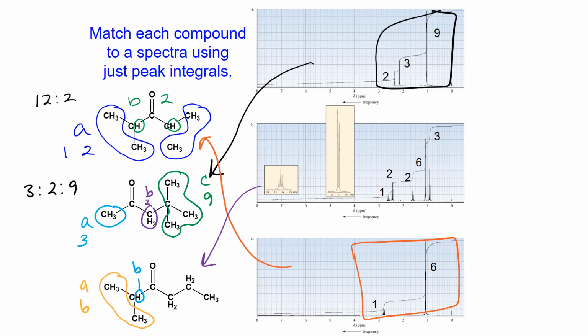And then we have a 2, and a 2, and a 3. And so I would expect to see a 6 to 1 to 2 to 2 to 3, and indeed we see that here.